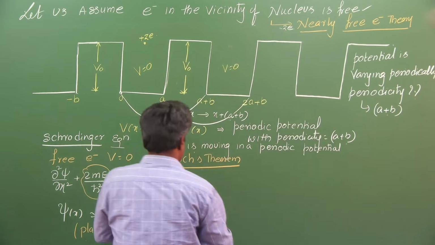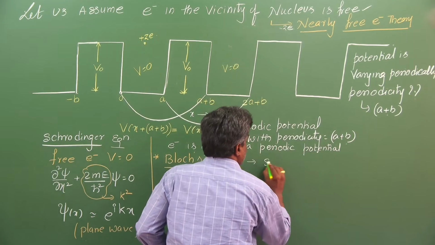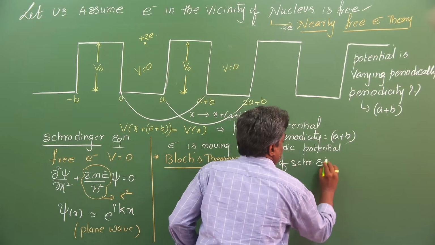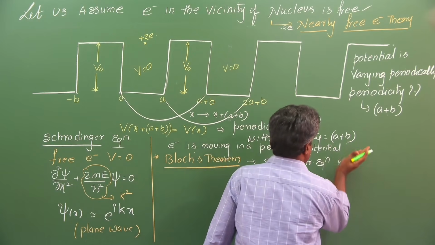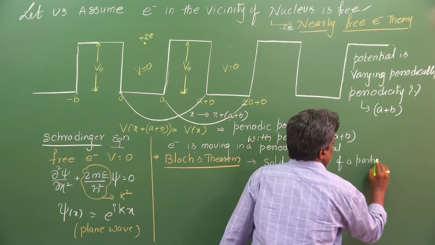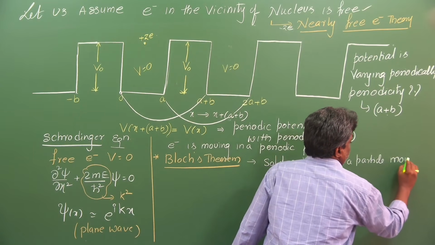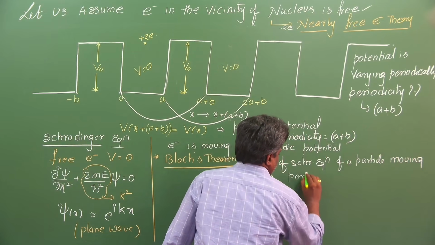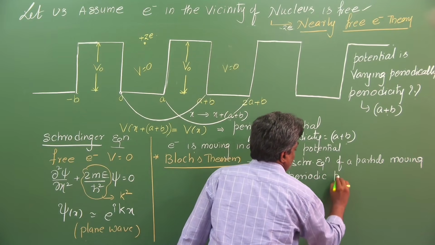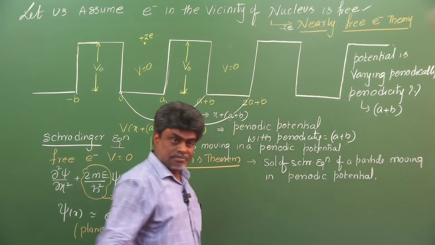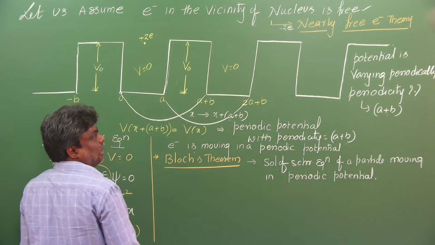This gives the solution of Schrodinger equation of a particle moving in periodic potential. So what is this Bloch's theorem? Are you ready?